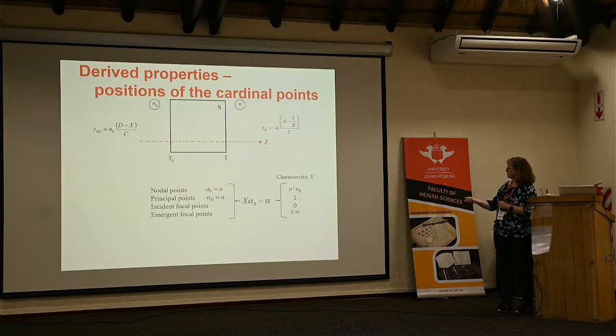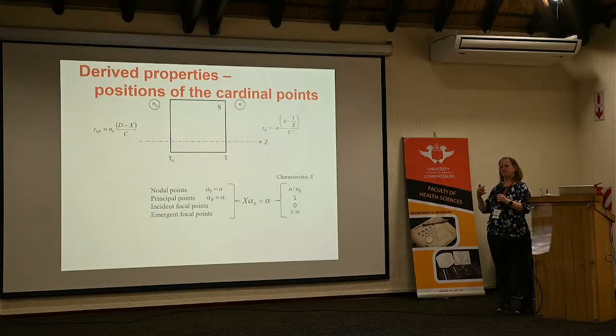If we substitute 1, in other words, now we're looking at alpha naught equals alpha as opposed to A naught equals A, we will find the position of the incident principal point. If we substitute 0, we will find the incident focal point position. So all three incident cardinal points are derived from that single equation.